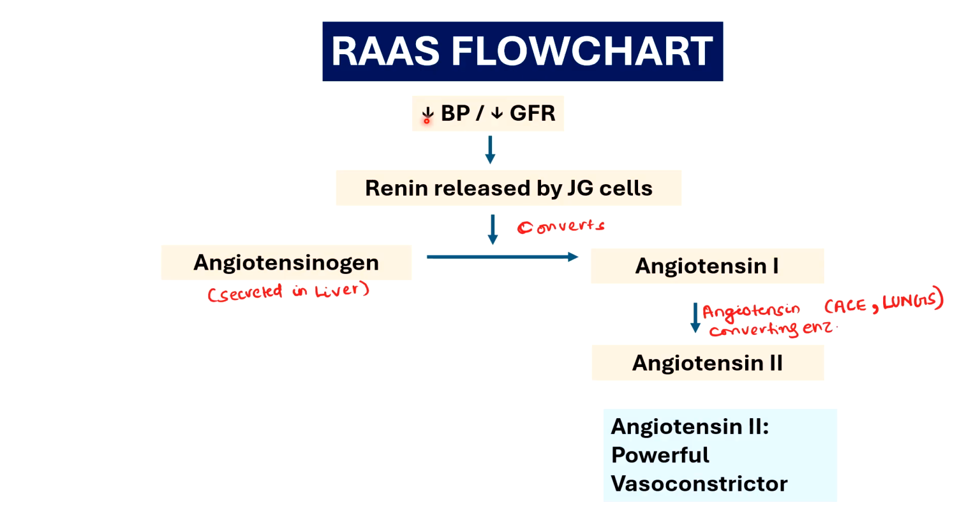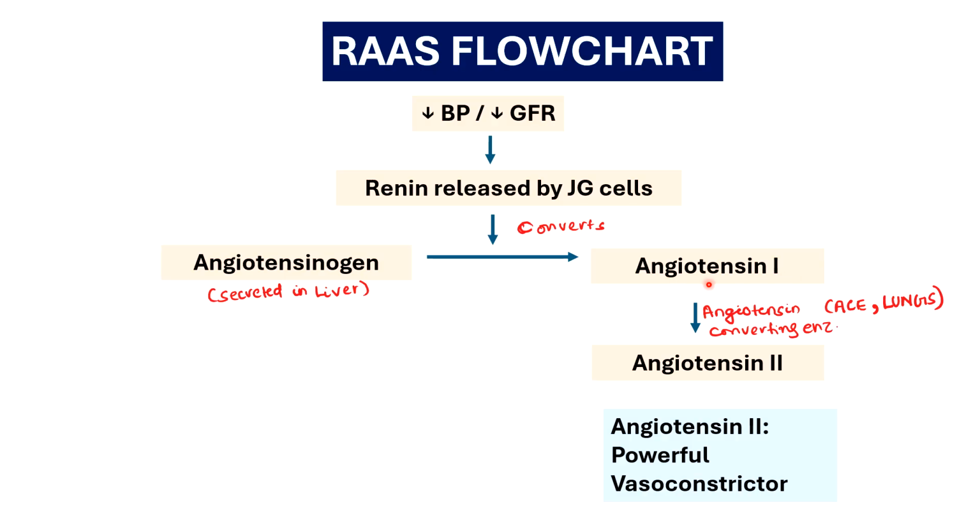Whenever there is dehydration or a decrease in BP or a decrease in GFR, the JG cells are activated and renin is released. This renin converts the inactive angiotensinogen, which is secreted by the liver, to angiotensin 1.